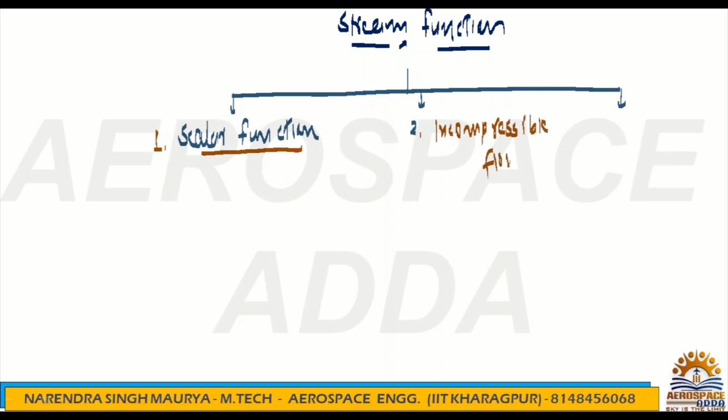Also you need to remember the stream function is used to define incompressible flow as well as 2D flow. It will not work for 3D flow.